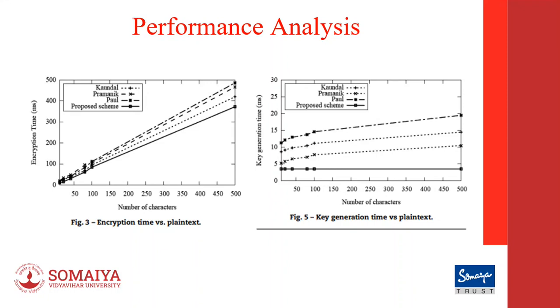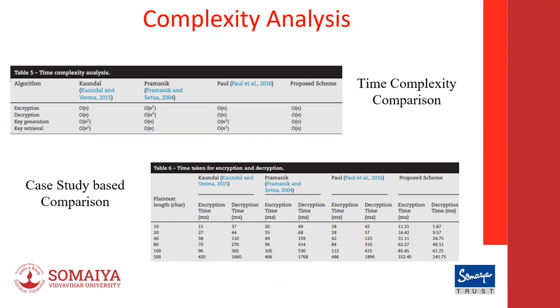Similarly, we move on to the next slide to compare our proposed solution with Kundal, Pramanik, and Paul solutions. We observe that the proposed solution's algorithmic encryption time, decryption time, key generation time, and key retrieval time are much less than the other algorithms.